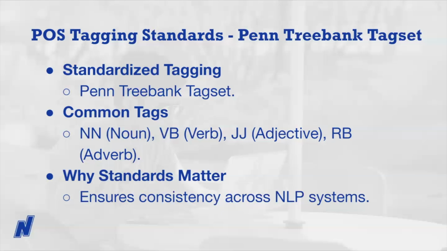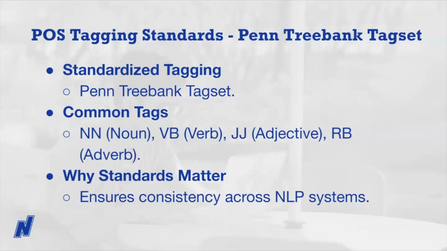Another example: consider the word running. Is it a noun, as in running is my favorite hobby? Or is it a verb, as in I am running to the store? This tagset differentiates these forms as NN for the noun and VBG for the verb form. This is crucial to helping NLP systems resolve ambiguous words and make more accurate semantic interpretations based on the context itself.